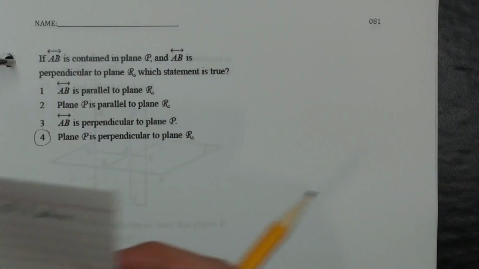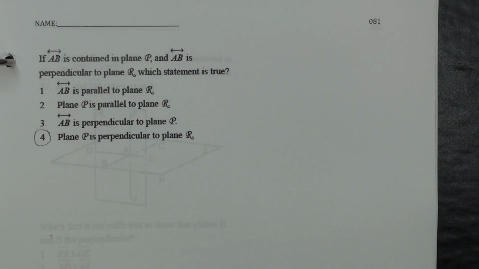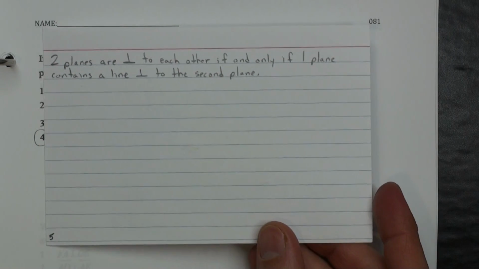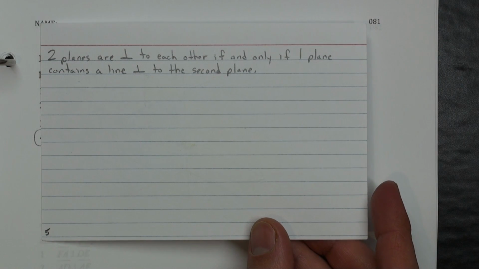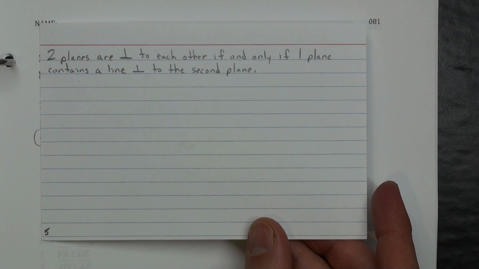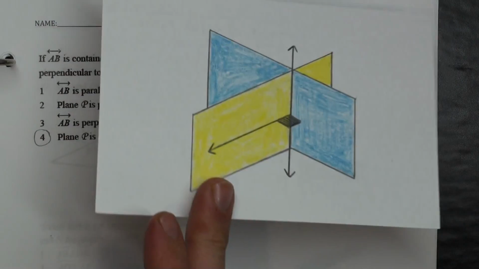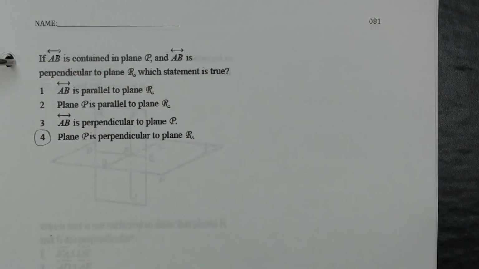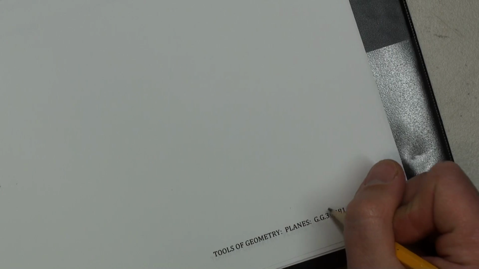It's this one. It's card 5. Two planes are perpendicular to each other if and only if one plane contains a line perpendicular to the second plane. There's the picture. Okay, so at the bottom you need to change this GG3 to GG5.